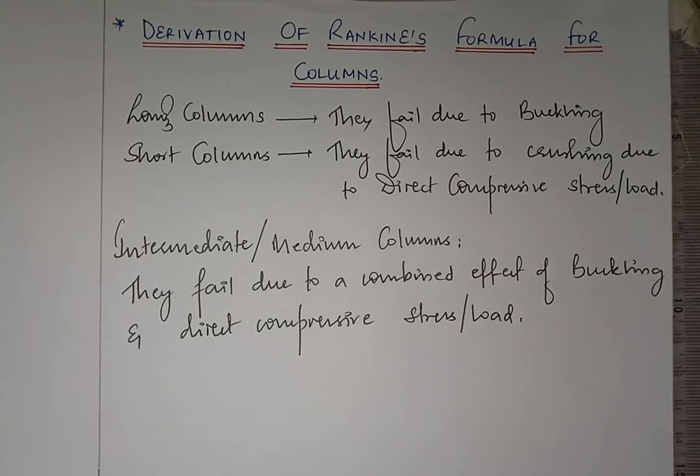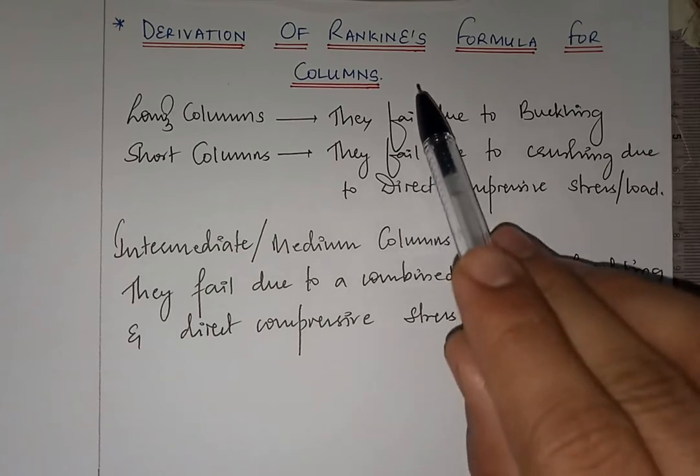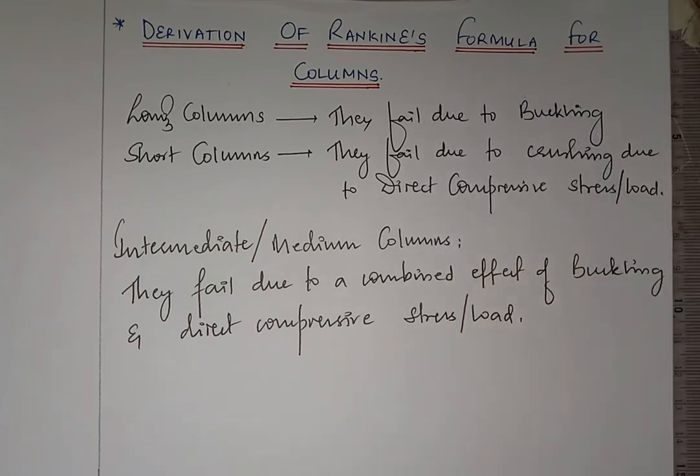The previous four formulas which I have derived, which I call Euler's formula, are only applicable for long columns, whereas for short columns, intermediate columns as well as long columns, if you want to find out the deflections and the type of loading, it may be buckling load or crushing load, then we need to go for Rankine's formula, which takes into account all the three columns and we'll be getting the correct values. So that is the significance of Rankine's formula and the reason why it was developed.